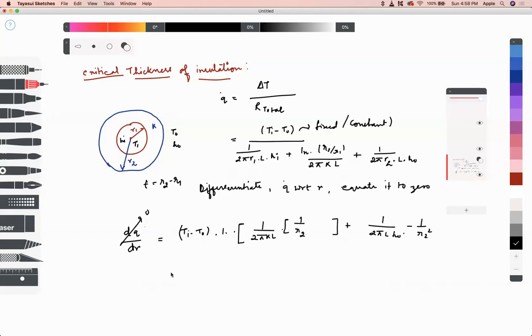So then what we have is, if we just take this particular term to the other side, we will have 2 pi L h naught 1 by r2 square.